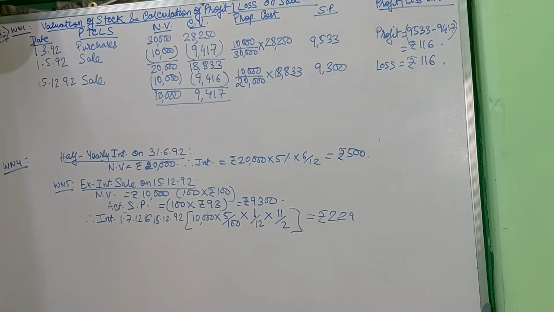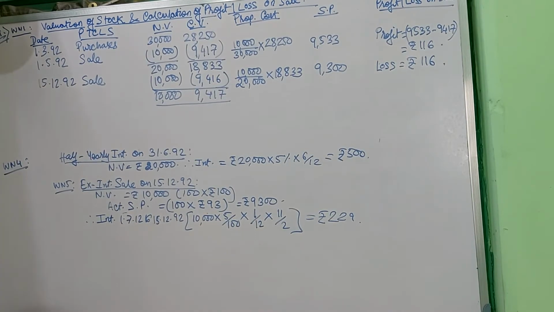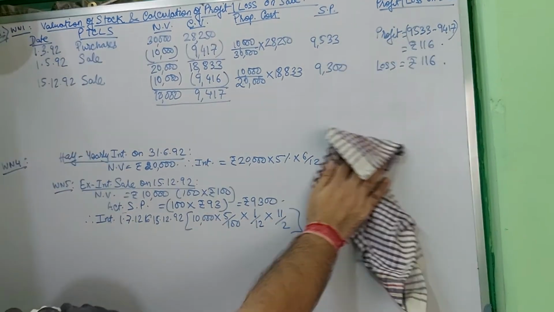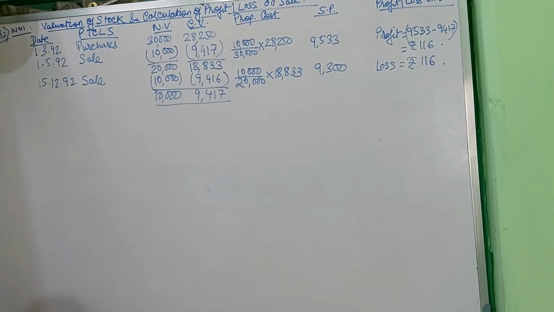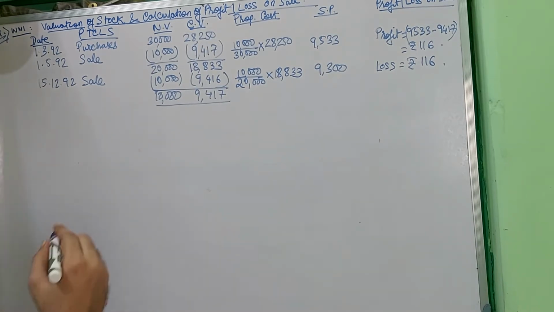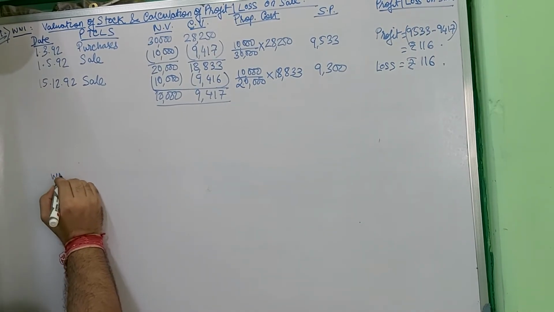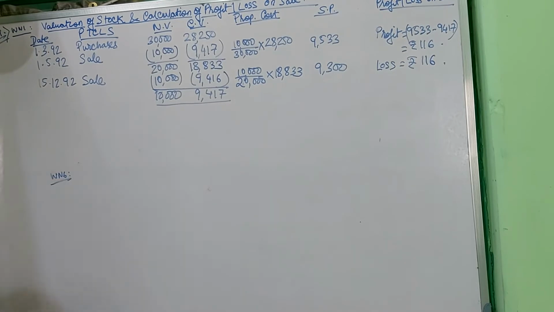And obviously, half yearly interest you need to calculate separately. How can you calculate that? This is working note 6.